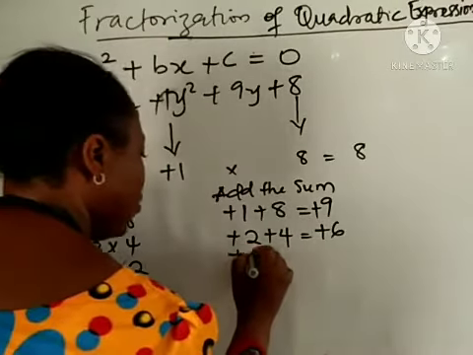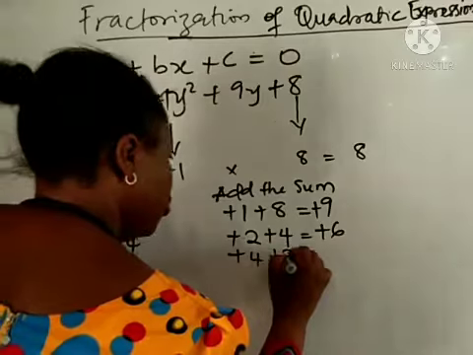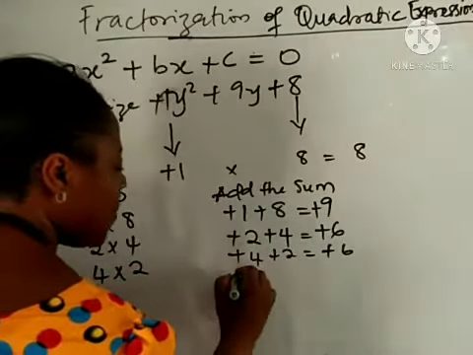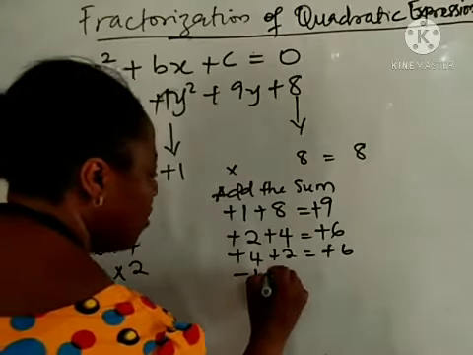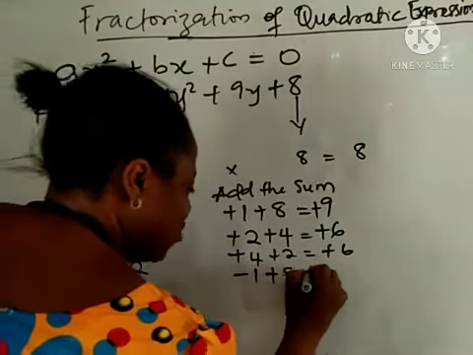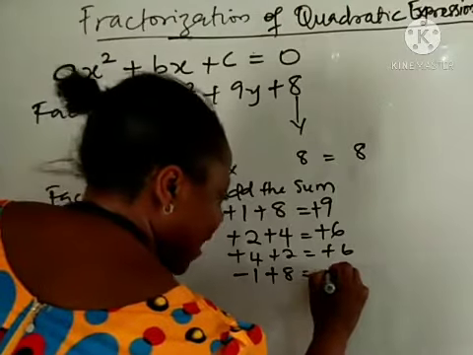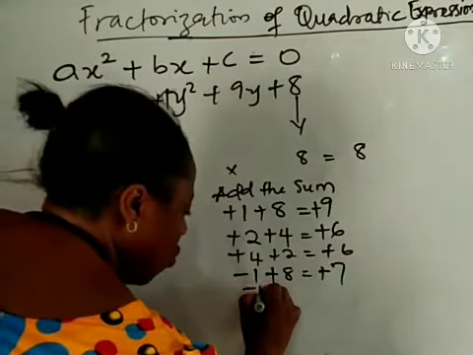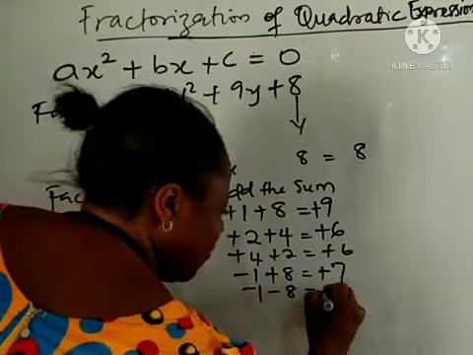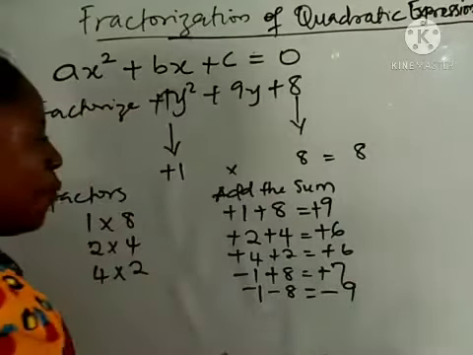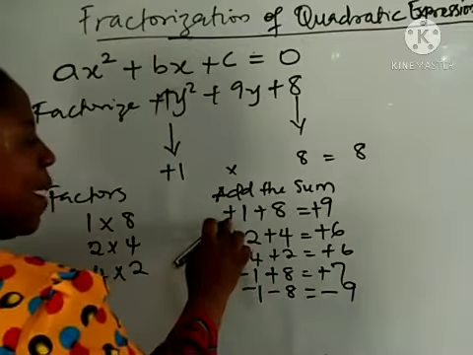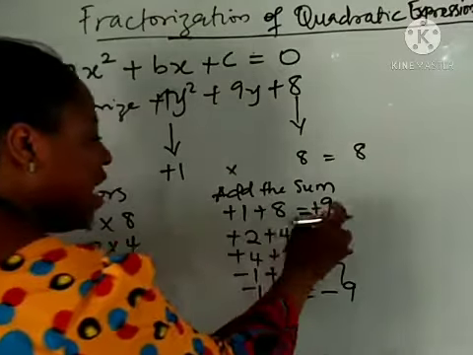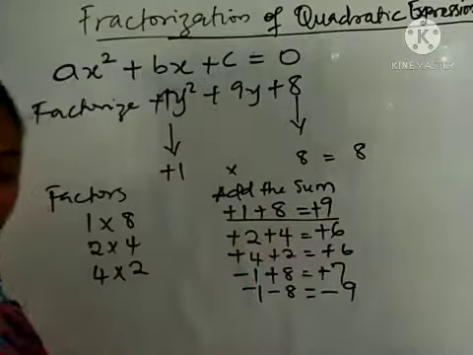Here, plus 4 plus 2 will give you plus 6. It can also be written with minus 1 plus 8. This will give us plus 7. It could be minus 1 minus 8, and that will give you minus 9. But what we actually needed was plus 1 plus 8 to give us plus 9.